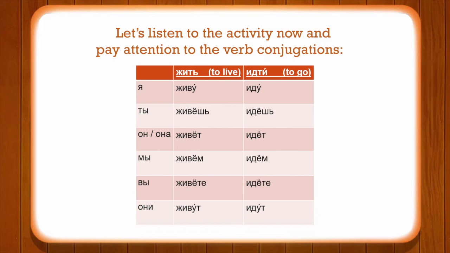Accordingly, if you pay attention to the verb идти, we can conjugate it like that. Я иду, ты идешь, она идет, мы идем, вы идете, они идут. I go, you go, he, she goes, we go, you go, and they go. So accordingly, you can use it as per the context of the situation, context of the sentence, and use it properly.